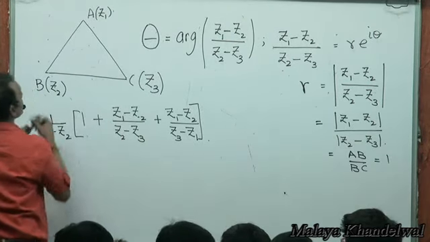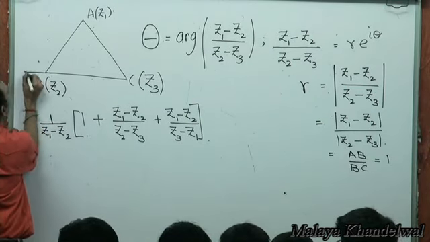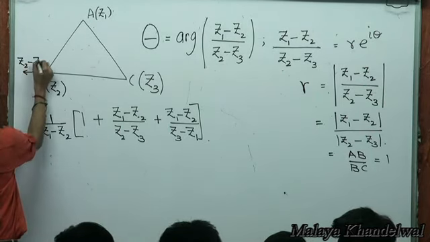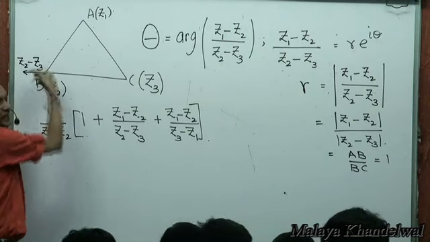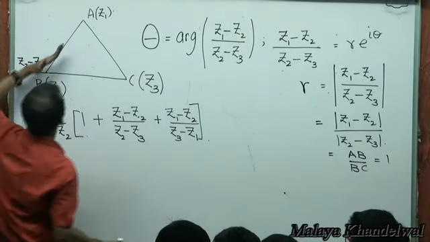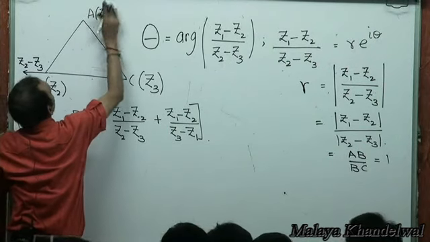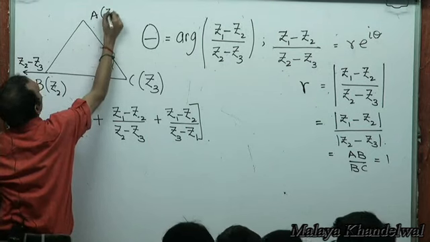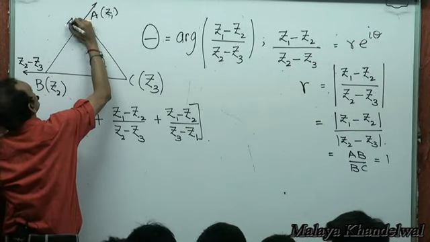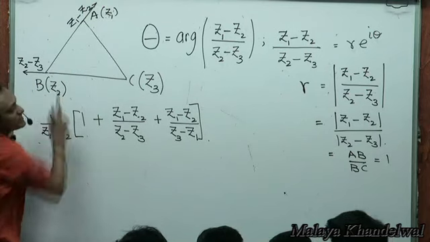Now, z2 minus z3, this is the final position minus initial position. z2 minus z3, therefore, is a vector which is directed like this. Yes or no? This is the direction of z2 minus z3, right? z1 minus z2, the direction of z1 minus z2, final position minus initial position. z1 minus z3 would have this as its direction, right? z1 minus z2 would have this as its direction.